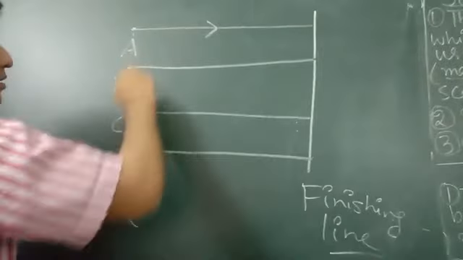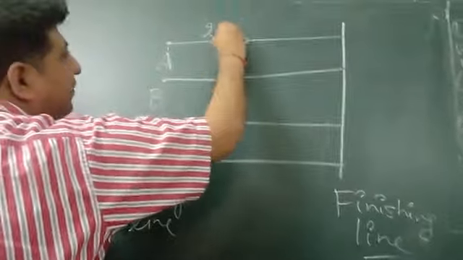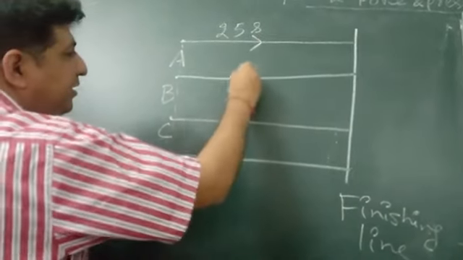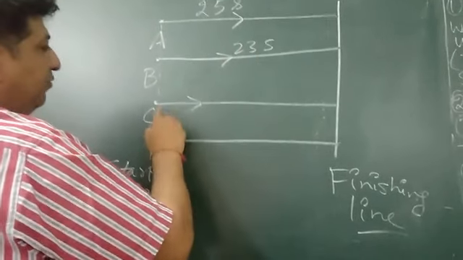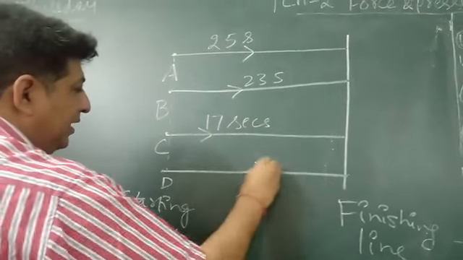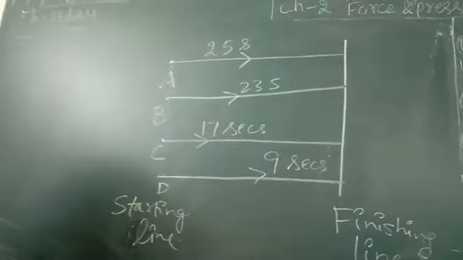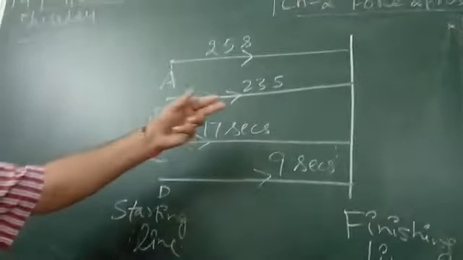The car A starts and it covers this distance, say, in 25 seconds. Similarly, we have car B. It covers this distance in 23 seconds. And then we have car C. It takes 17 seconds. And then car D, it takes 9 seconds. What can you tell with this much information?